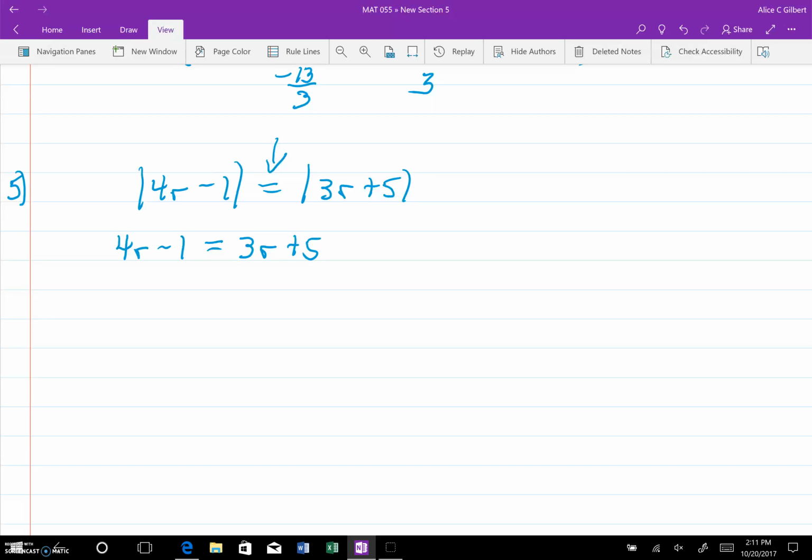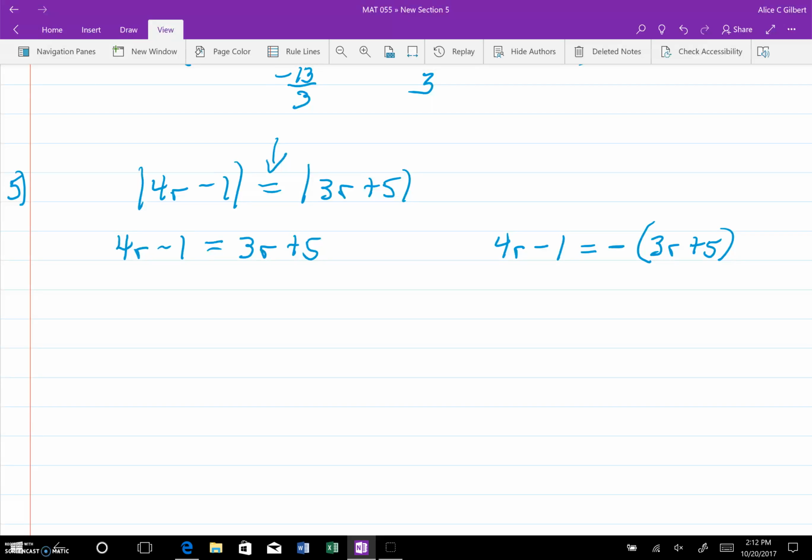The second one, I write the absolute value term on the left side exactly like it is, dropping the bars, and then equals. And remember, this is going to be negative on this side, but I've got to be careful. It's got to be negative to the whole thing.